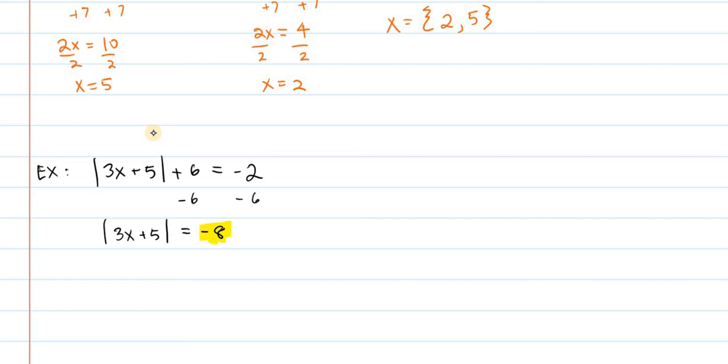At this stage, I can conclude that there is no solution because the absolute value of a number will never be negative. So I'm going to say no solution, and the reason why is absolute value cannot be a negative number.